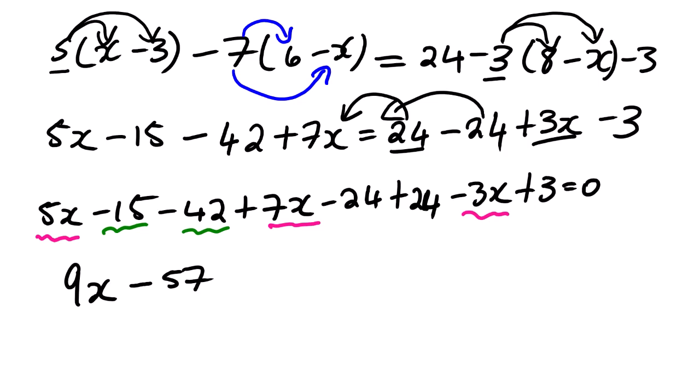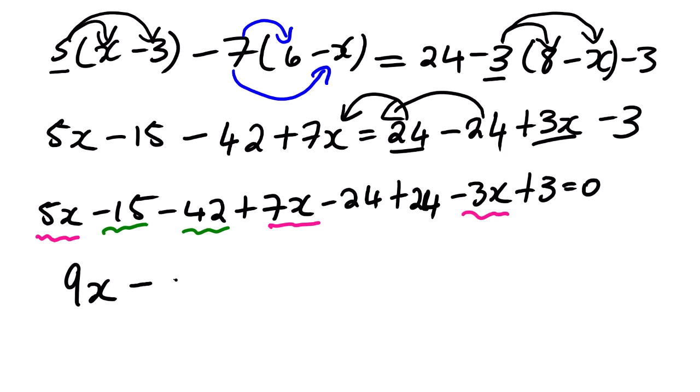Negative 57 minus 24 is, no, let me actually do this. So we have negative 15 minus 42, it's negative 57.